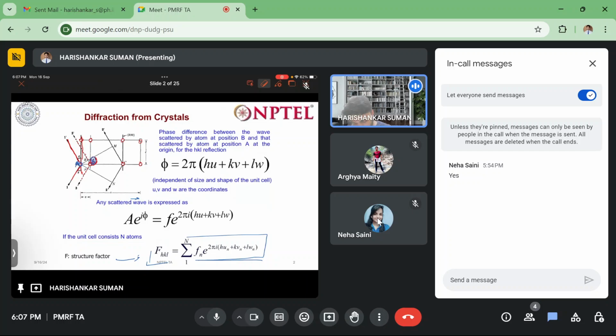Please remember this formula, structure factor.